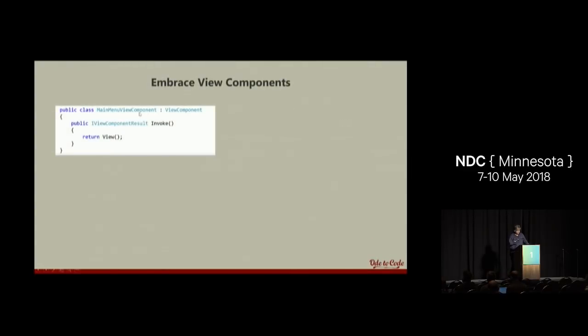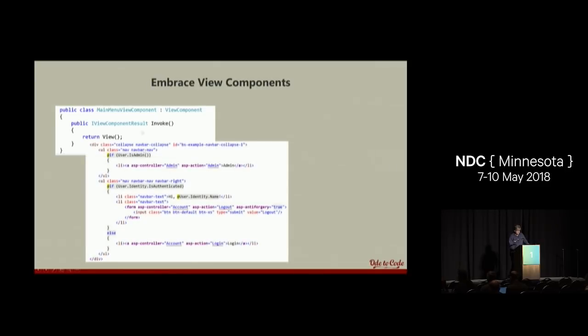Use view components. View components are like partial views, but they get to render things independently. So a view component is like a controller in the sense that you can give it a constructor and you can inject services into it, but it doesn't respond to a request.